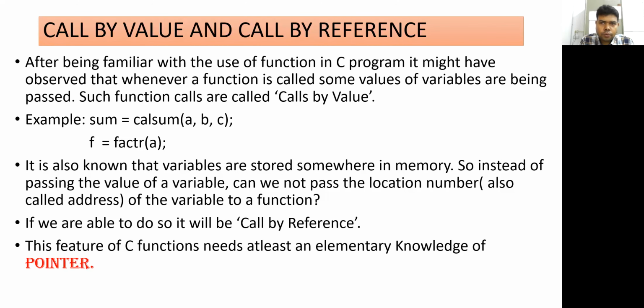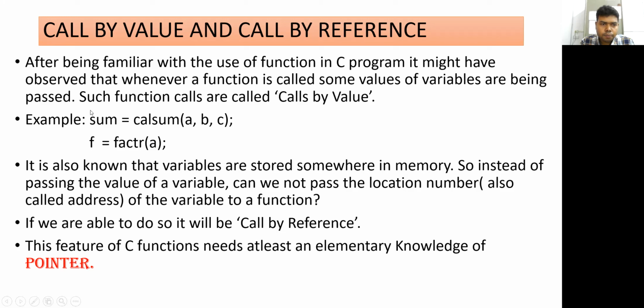So call by value and call by reference. What does it mean? When we call a function in a particular portion of C programming, it is normally done this way.